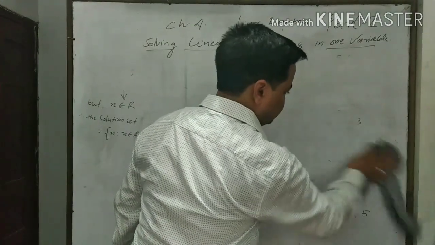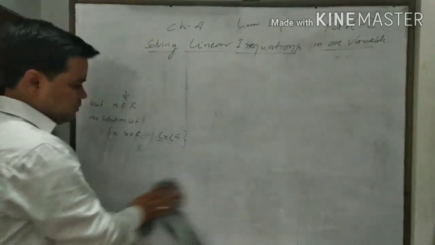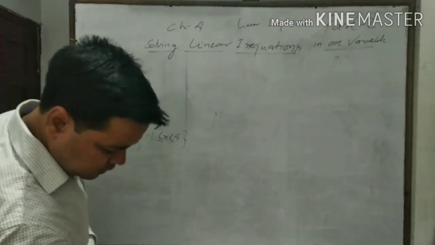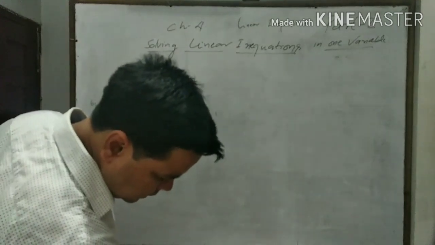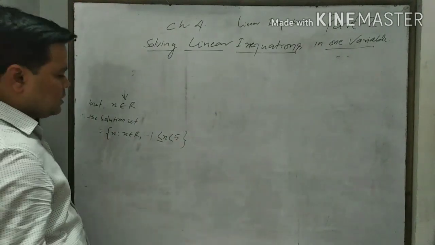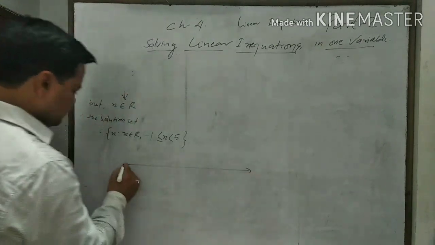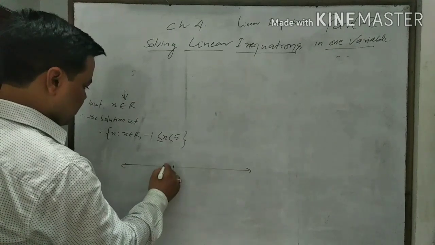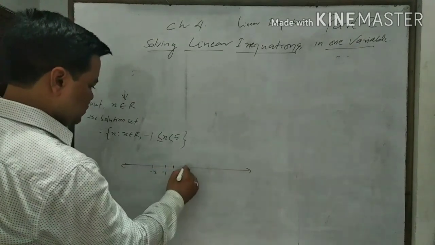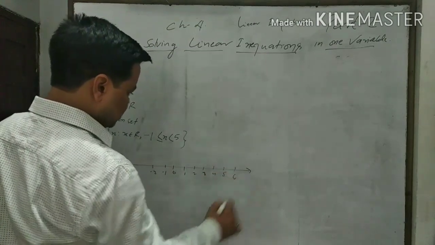Now again the answer is not complete. Why? Because the question was to represent the solution set on the number line. How do we represent it? For this we make a number line here: 0, -1, -2, 1, 2, 3, 4, 5, 6.